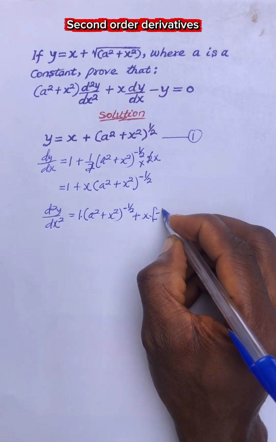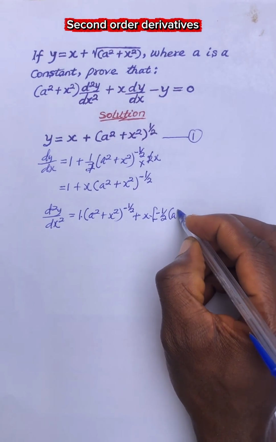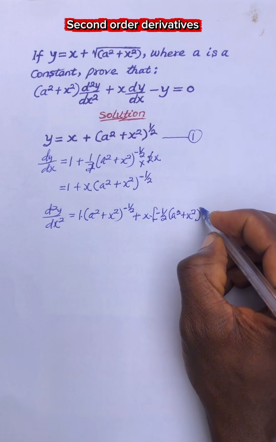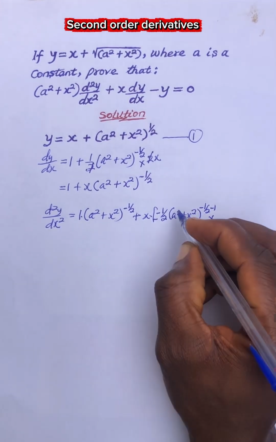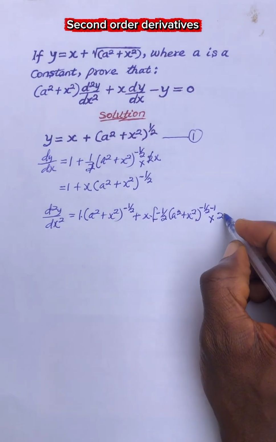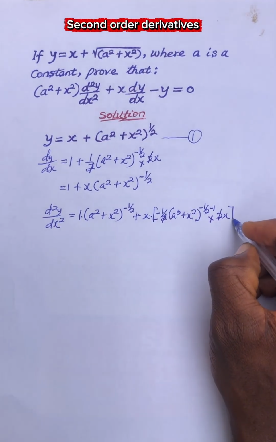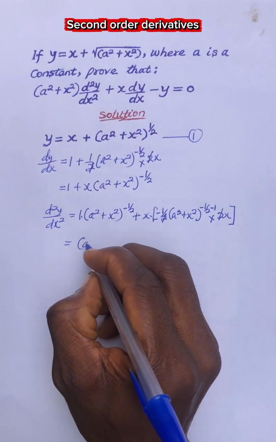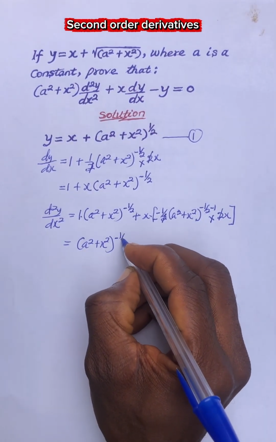So we have minus 1 over 2 multiplying everything in the bracket, a squared plus x squared, then minus half, we subtract 1, times we now differentiate everything in the bracket. a is constant, then we differentiate x squared to have 2x. 2 here, we cancel 2. Now in that case, we have bracket (a squared plus x squared) all to power minus half.